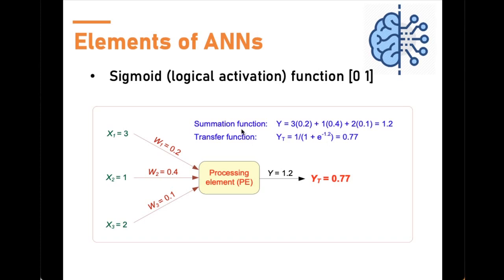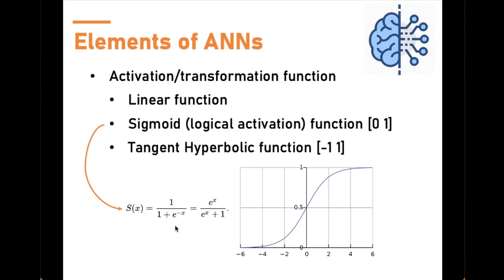And then we use the transfer function to map this summation function to a value between 0 and 1. And the value is 0.77. So the output here is equal to 0.77.